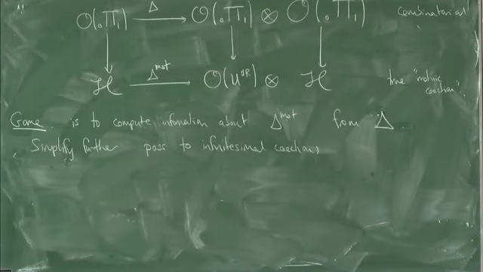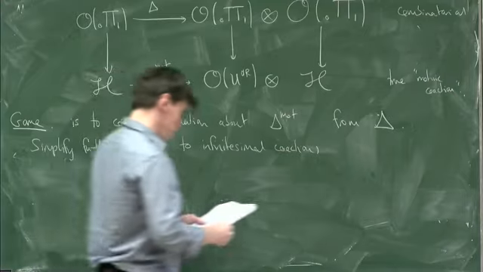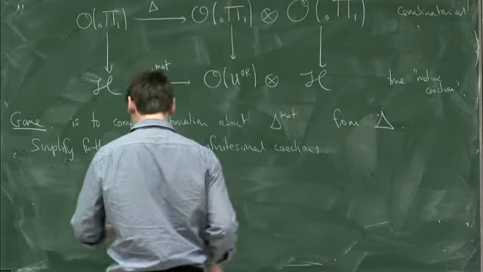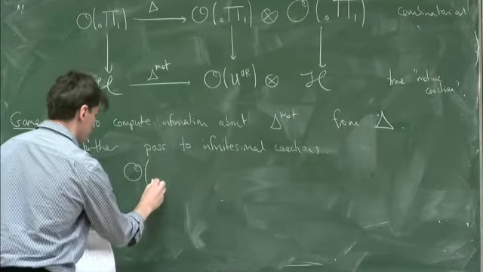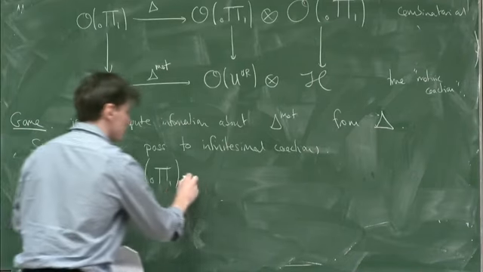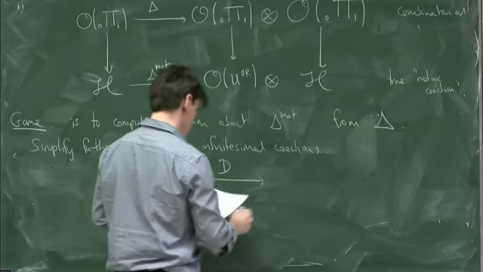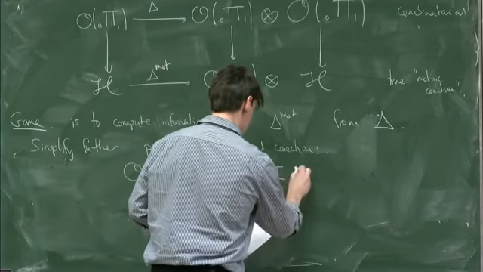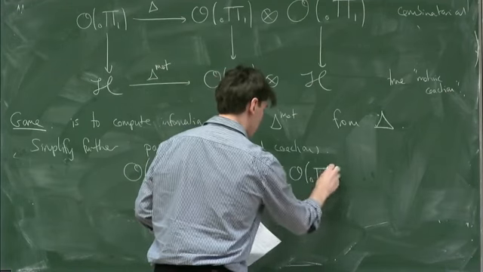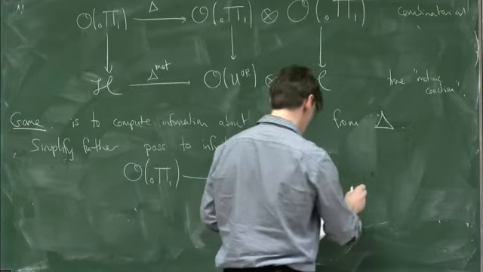And the reason is because I don't want to draw thousands of cuts of polygons. I just want to cut it once. So there's no information lost when one does this. So now I'm going to look at O pi 1 and this map that I called D last time, which is the left-hand picture. And so now on the left-hand side, I work modulo products. That's what the I means.